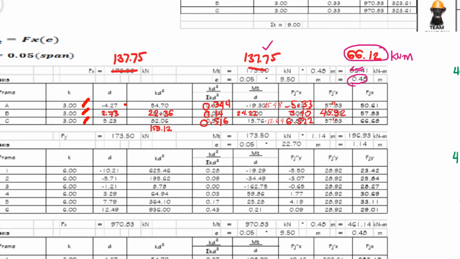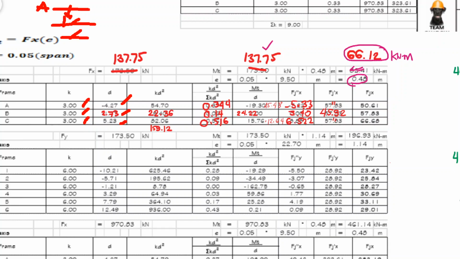Remember, this is frame A, B, and C, and this is the center. Only frame A is negative, which is negative 4.27. That means frame B and frame C are positive, because frame A moved down while frames B and C moved up from the center.